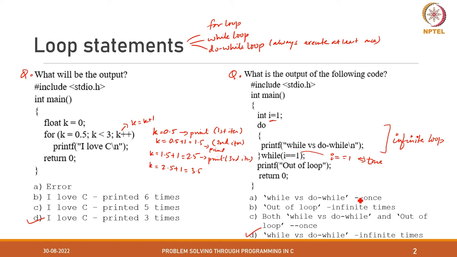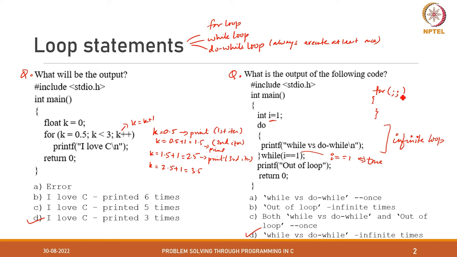So this is a way in which you can write infinite loops. Infinite loops can be written in all these looping statements. If you want to write an infinite loop as a for loop, you can simply write it like this. So this is an infinite for loop, nothing else, just this much.